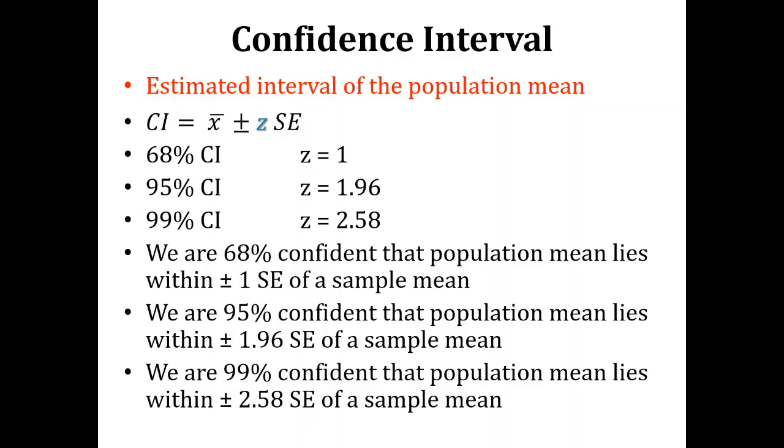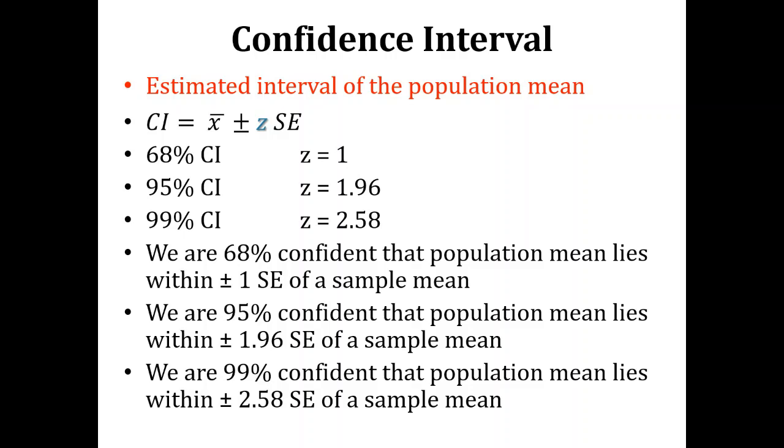And because the sample mean deviates from the population mean, we calculate that deviation as the standard error. And when we take the z-score as 1, we are only 68% confident that our population mean is expected to lie plus minus the standard error of the sample mean, right? And if we want to increase that, then we have to increase the z-score as well.